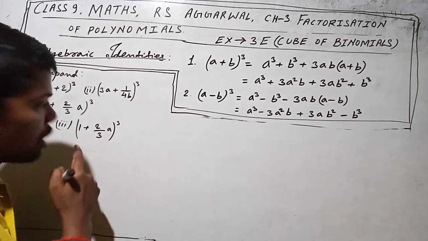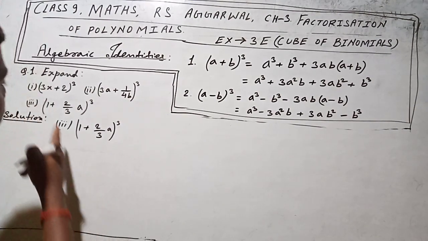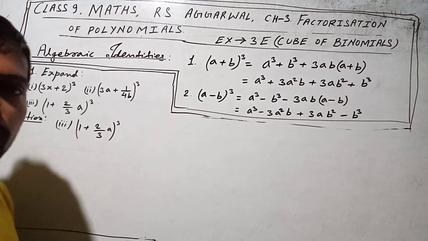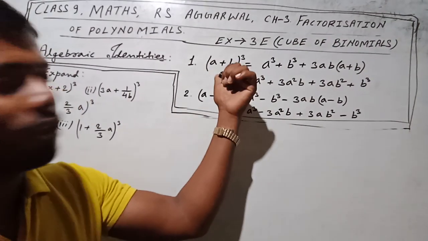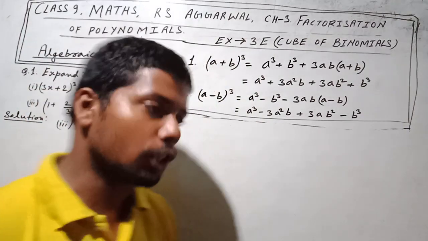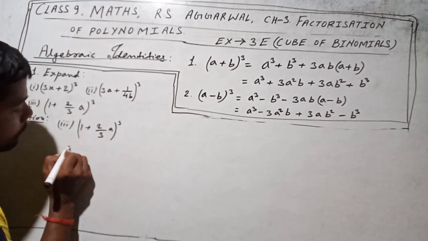Now we will solve question number 3, in which it is given (1 plus 2a by 3) whole cubed. It is also a binomial, and we have to expand it by using the first identity (a plus b) whole cube. Let us now see it.